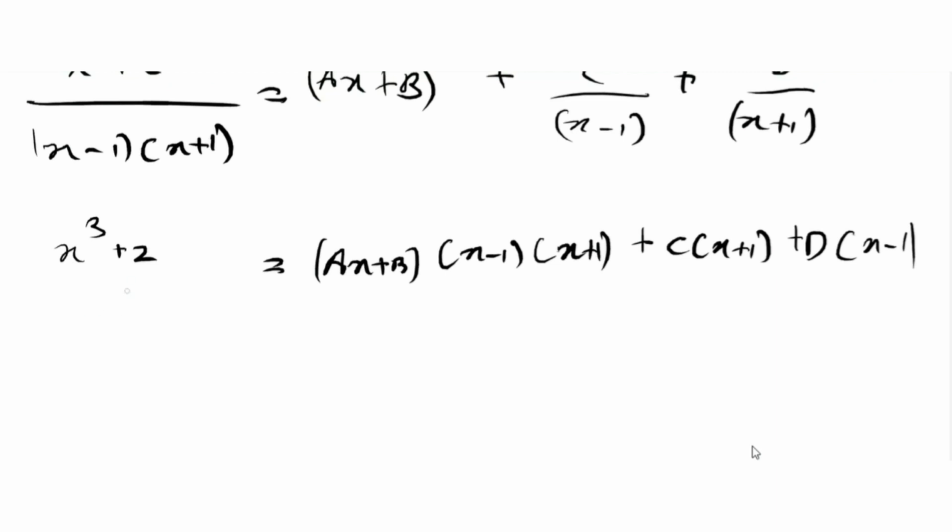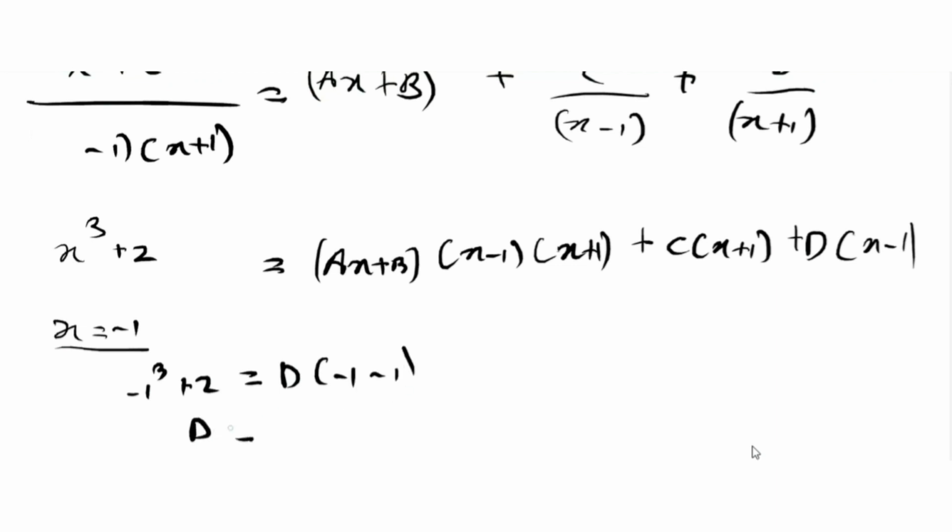Now to solve this, put x equals minus 1. You get minus 1 to the power cube plus 2 equals d times minus 2. So when you solve this, you get d equals minus half. And when you put x equals 1, when you solve it, you get c equals 3 by 2.